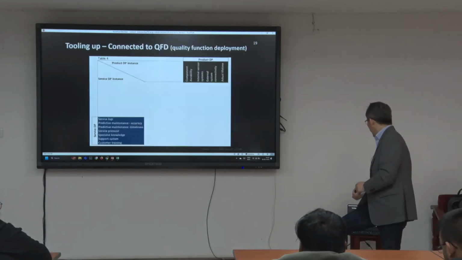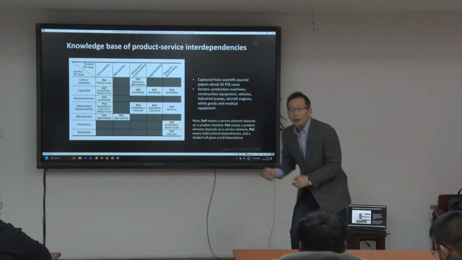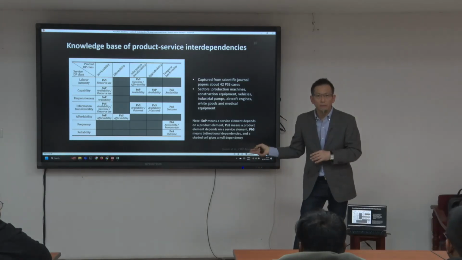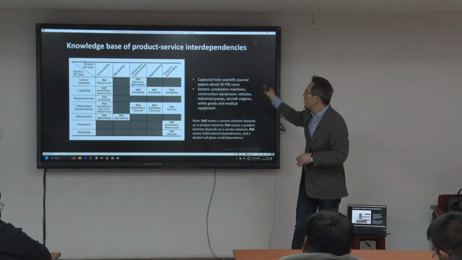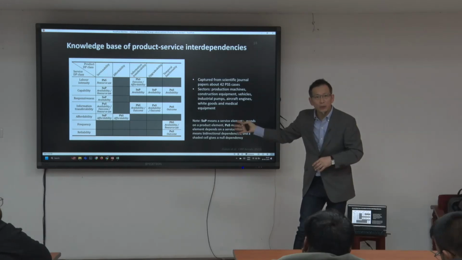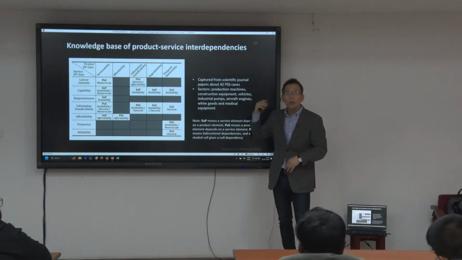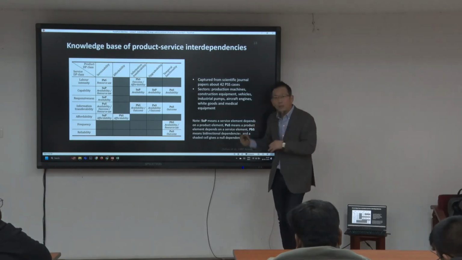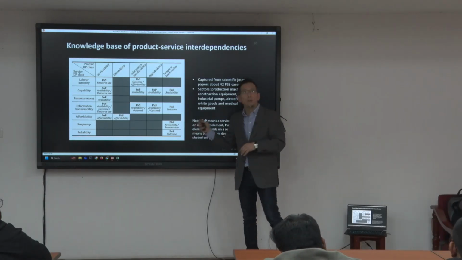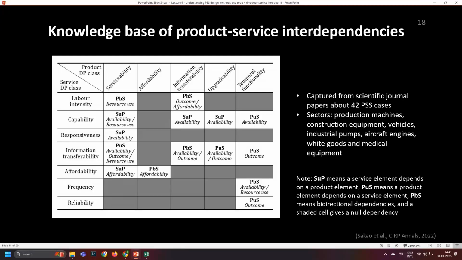Okay, so you have access to an Excel file that shows exactly this matrix as well as the 42 cases that were the base to come up with this abstraction. Okay, and your task in the project work is to look into this and utilize some of these interdependencies.